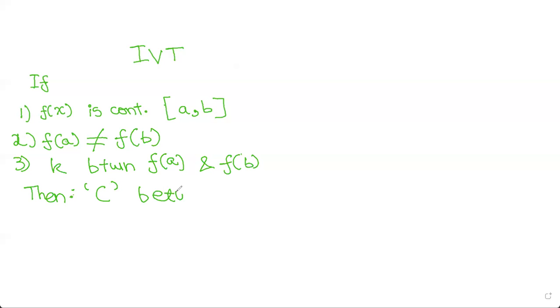So not f of a and f of b, it's between a and b, for which f of c equals k. So this is what the IVT, or intermediate value theorem, is.